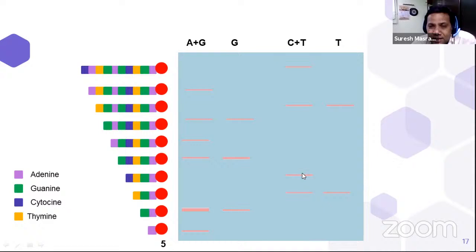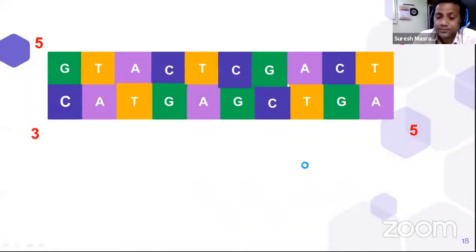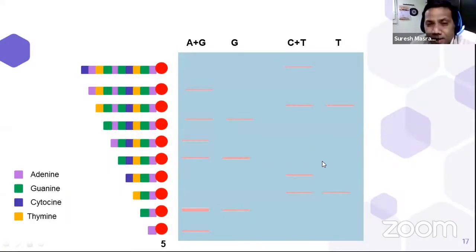Then a single band is present. Now, this band must be present here, thus indicating the fourth is thymine.